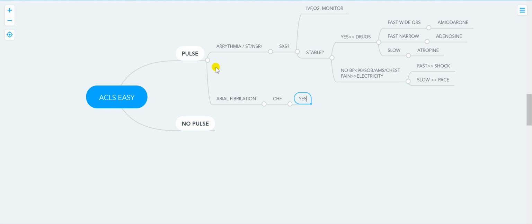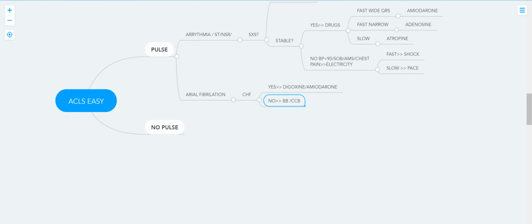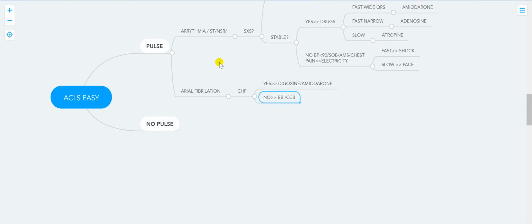If yes, CHF, then we do digoxin or amiodarone. But if there's no CHF, then we do a beta blocker or calcium channel blockers. So this is for atrial fibrillation, and this is if there is a pulse.